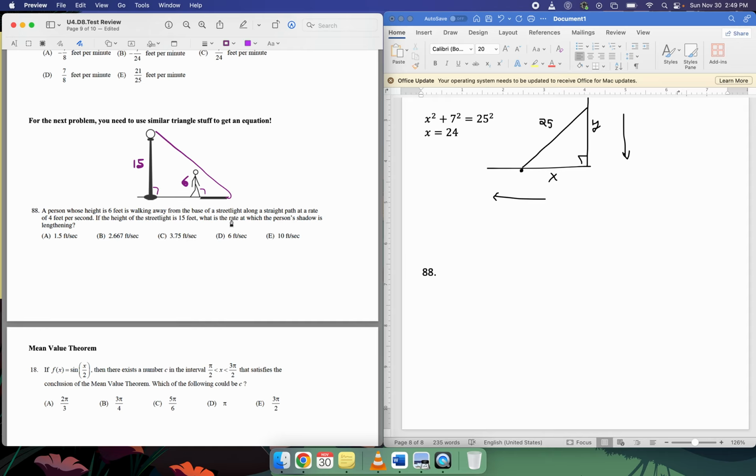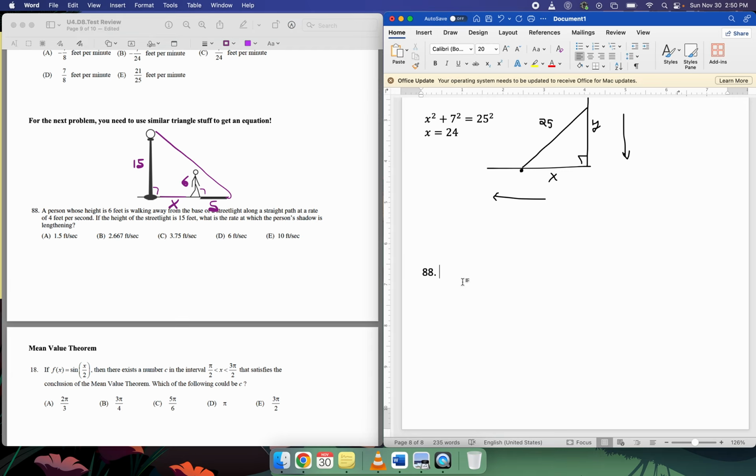So let me call the length of the shadow, which is this thing right here, S for shadow. And I think this side is also changing, which is the distance between the streetlight and the person. I'll call that, I don't know, X maybe.